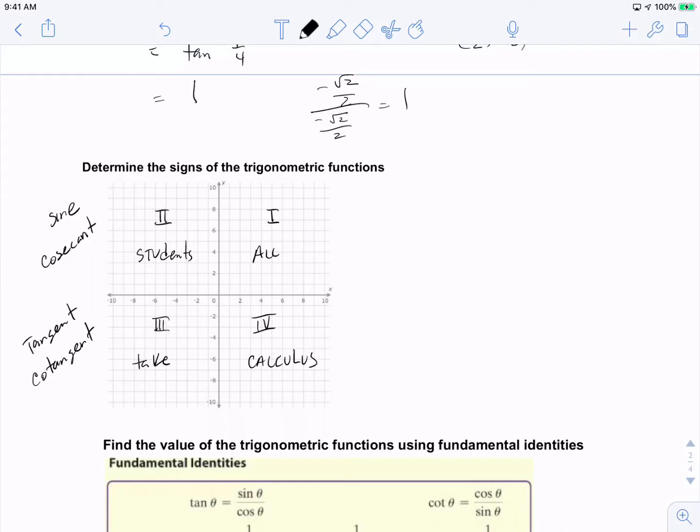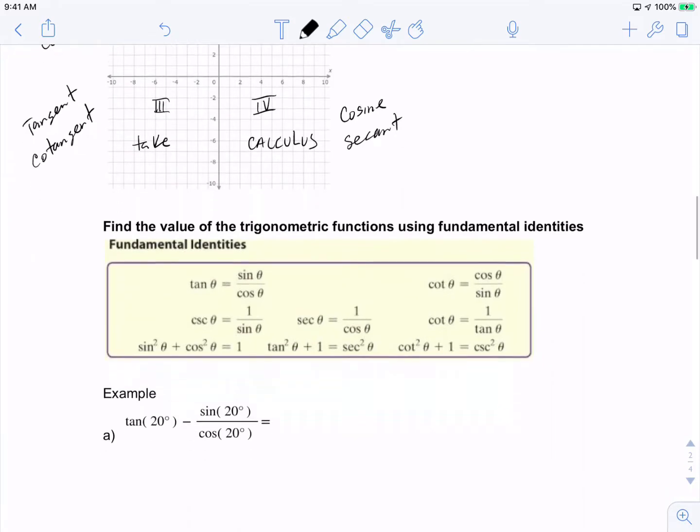So the way I always remember it is with all, sine, tangent, and then calculus will be cosine, and secant, because secant is the reciprocal. So that's how I know which trigonometric functions are positive in whichever quadrant.